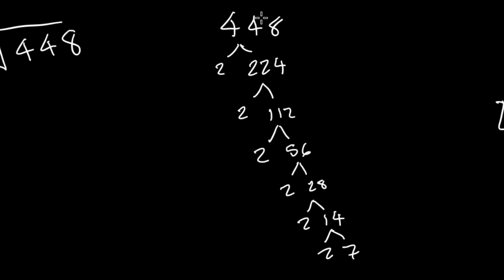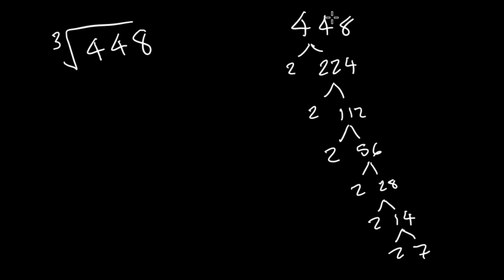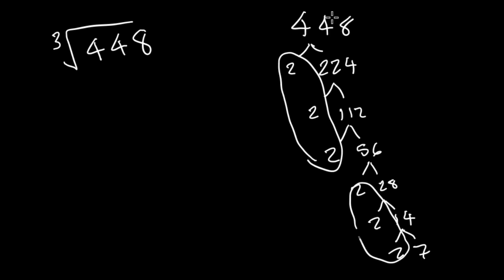So now it's a cubed root, and this basically means we're looking for groups of 3. And this would apply to the same thing if it was index 4. We'd be looking for groups of 4, and the same thing if it was 5. We'd be just looking for groups of 5. But since it's a cubed root, we're looking for groups of 3. So I see a group of 3 right here, another group of 3, and then a lone 7.